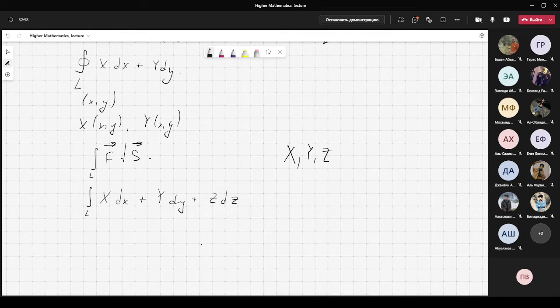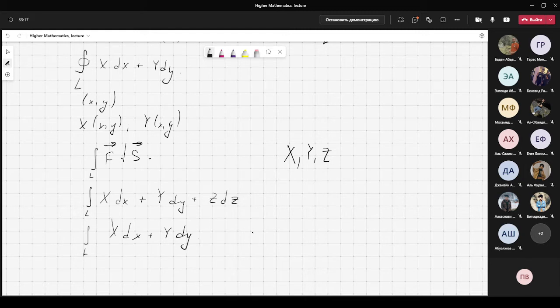As a particular instance, if the vector F lies in the xy plane, then the integral of this vector is equal to the integral over L of X dx plus Y dy.